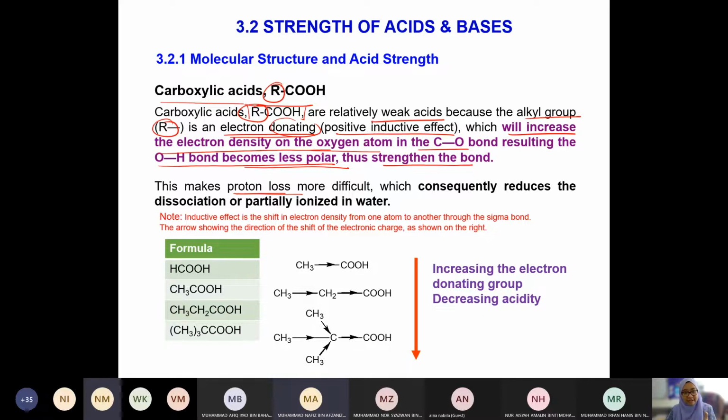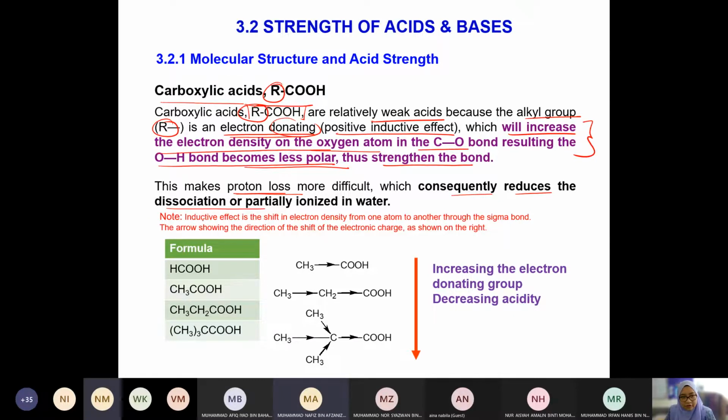But this effect causes the proton to be more difficult to remove, which consequently reduces the dissociation or partial ionization in water. It can, but it is harder compared to the other acids just now.